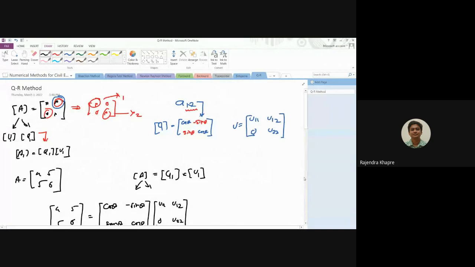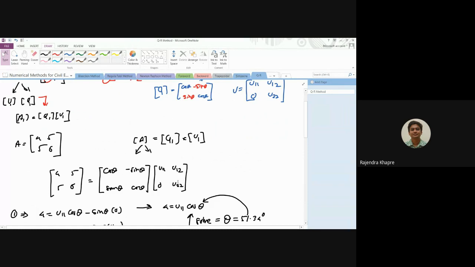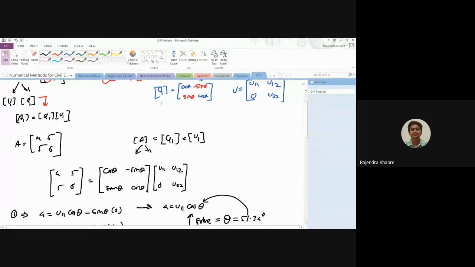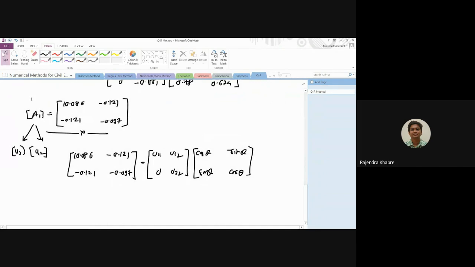U into Q. See, U into Q. U will come first, no, did I make a mistake? Oh, Q into U, sorry, I probably made a mistake while writing. So Q should be first and U should be later. So what I wrote here is correct, here I have written wrong, wait. Yeah, this one is correct. Okay, this one is correct, this one is wrong. Okay, this is Q1 into U1. Accordingly, this will also change.